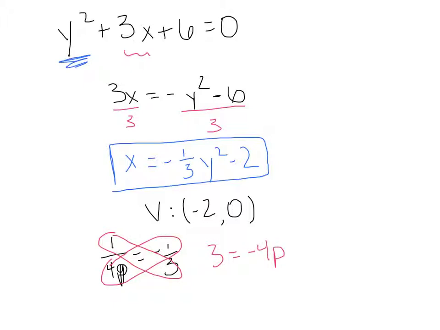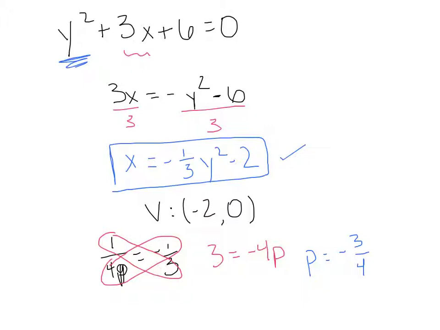Divide both sides, and we're going to end up with p equals negative 3/4. So our directrix and our focus are going to be at kind of weird numbers, but using this equation, we can still find them. It's okay that they're in a weird place. That's why getting a graphing form is good. That's why we want to get to graphing form.